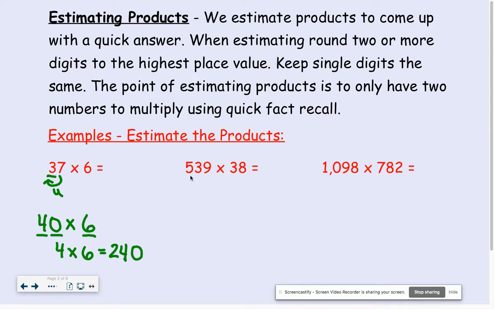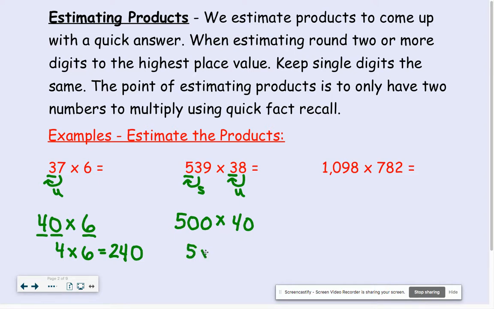Let's look at this next one. We have 3 digits, so we're going to round to the highest place. The 3 tells the 5 to stay. So this is going to stay 500 times 38. The 3 is in the highest place value. The 8 is telling it what to do, and the 8 says to go up. So this is going to become 40. Again, we forget about the zeros for right now.